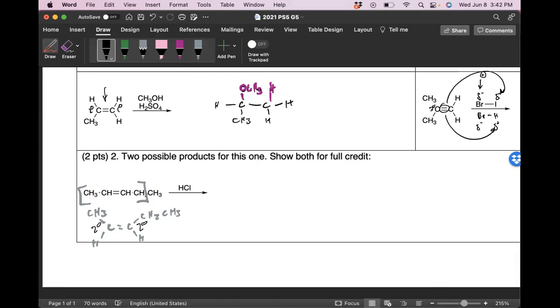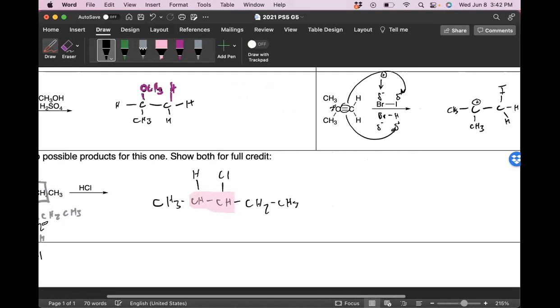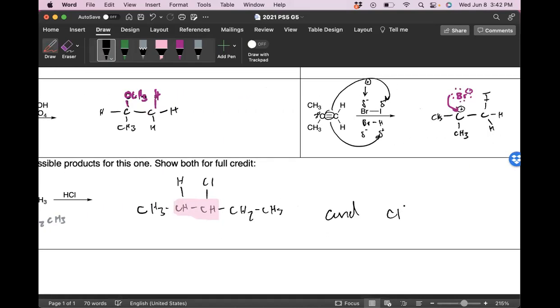Those possible products basically add, scenario 1, H adds here, Cl adds here. Scenario 2, Cl adds here, H adds here. And just draw those out. So it would be CH3, CH, CH, CH2, CH3, these two being where the original alkene was. Let's do HCl and then again, this being our original alkene, ClH.